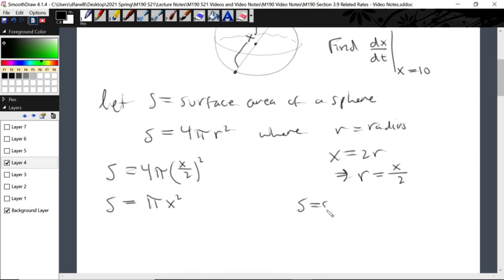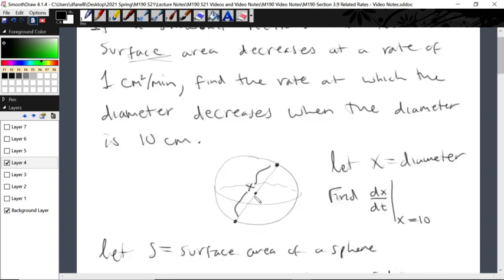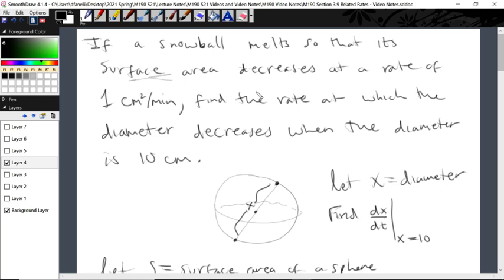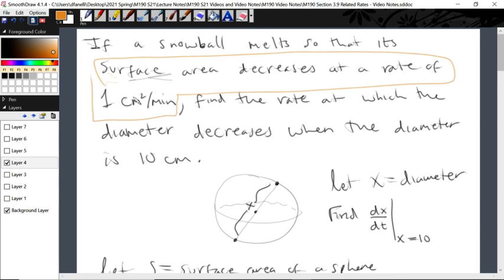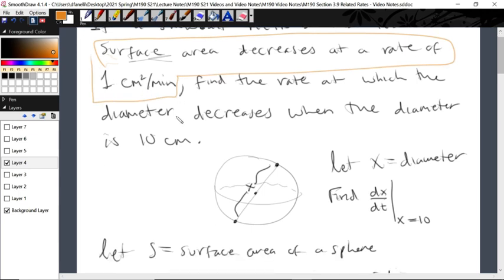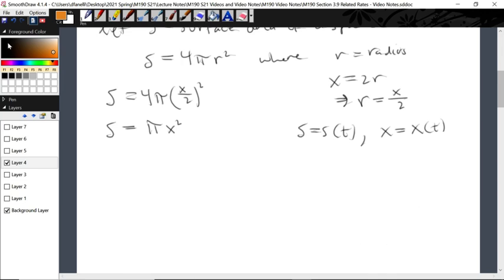Here S is a function of time, that is, the surface area is changing with respect to time, and x, the diameter, is also changing with respect to time. As the snowball melts, both the diameter and the surface area are going to be decreasing. We are given that the surface area is decreasing at a rate of 1 centimeter squared per second.